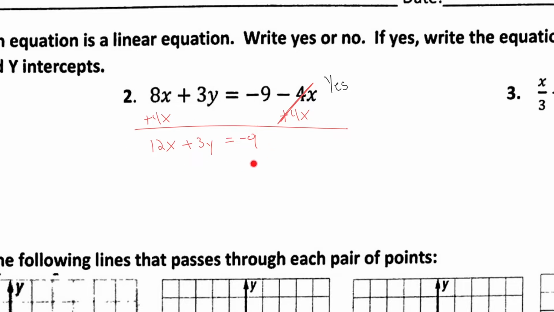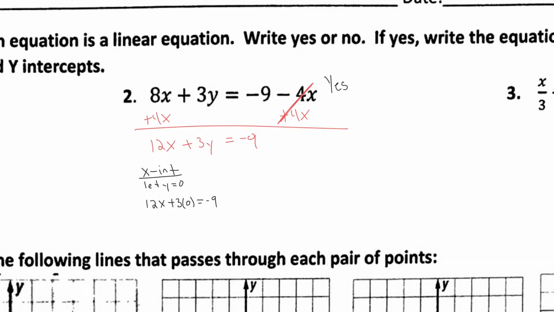So when we have the standard form, all we have to do to find the x-intercept and the y-intercept, well, for the x-intercept, you are going to let y equal 0. So I'm going to substitute a 0 into the y. I'm going to write down the 12x here plus the 3, substitute a 0 into the y, equals negative 9.